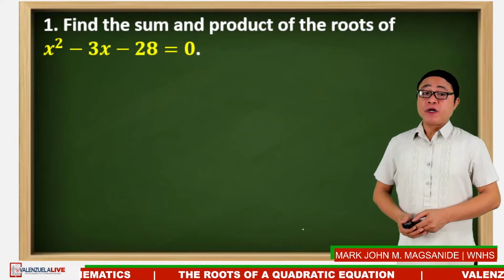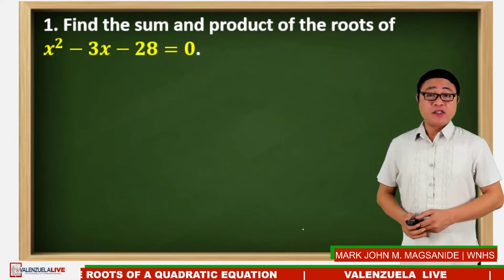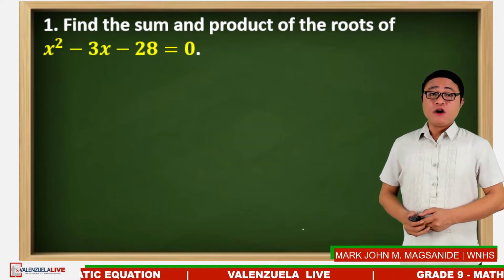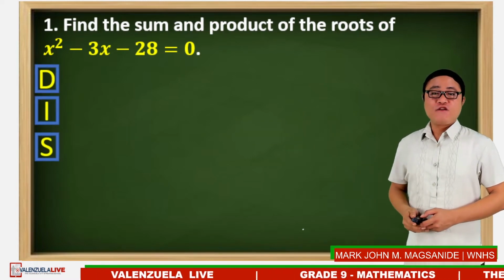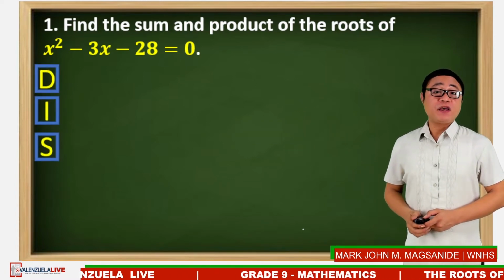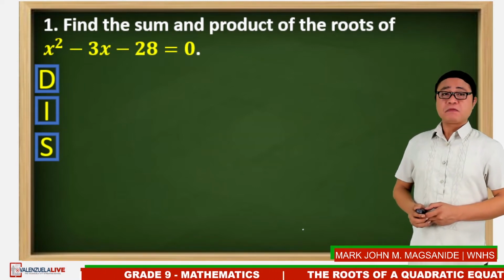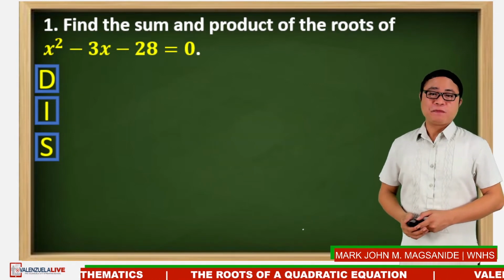Find the sum and product of the roots of x squared minus 3x minus 28 is equal to 0. For the steps, follow DIS. First step, determine if the given is in standard form. By observation, the given equation is in standard form.